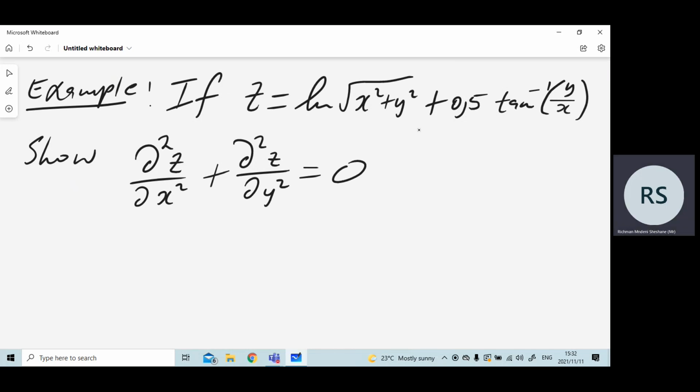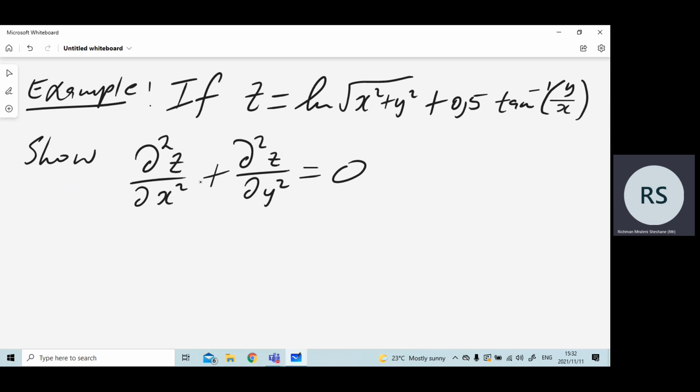So you're given a function z, and you want to show that the sum of those second partial derivatives is 0.